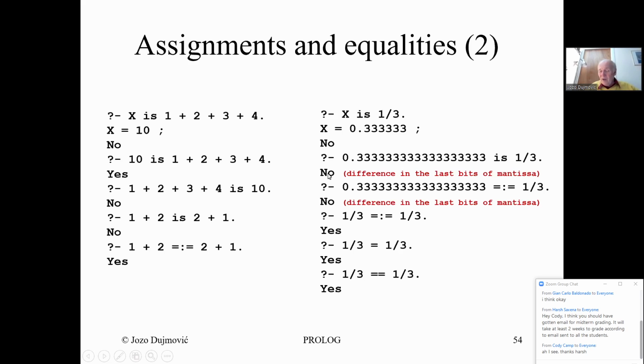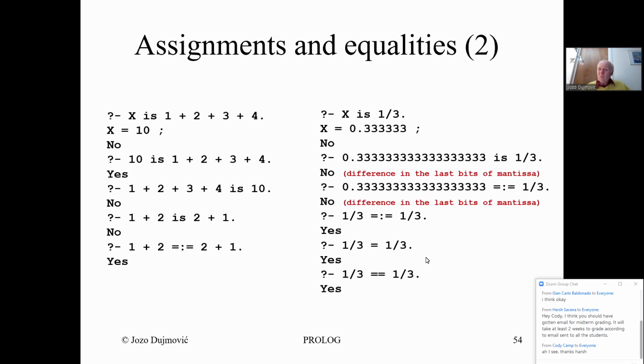And to understand why it is no, we have to understand that it is very difficult to fit these threes in the same bit pattern as when we divide 1 and 3. Therefore, you are not going to have this fit, neither here nor here arithmetically, because of differences in the bit pattern.